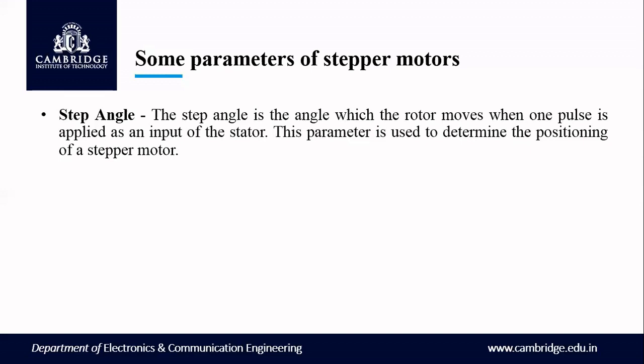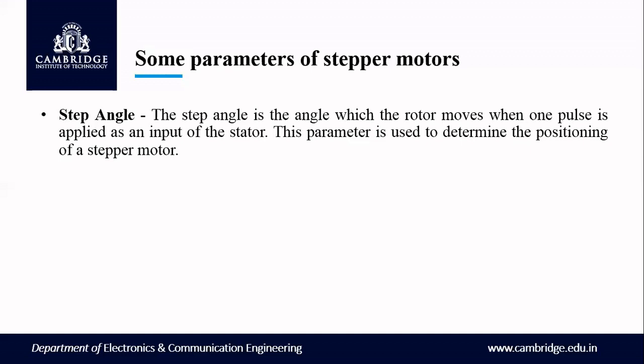This is a very important concept to understand, especially whenever you are writing assembly code. It plays an important role in deciding the step angle, or if the problem statement asks you to rotate a motor by 64 degrees or 180 degrees.